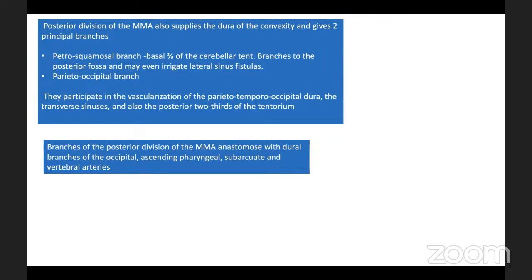One is the petrosquamosal branch, which supplies the basal two-thirds of the cerebral dura, and also branches irrigate the lateral sinus fistulas. And then there is a parieto-occipital branch. This parieto-occipital branch participates in parieto-temporal occipital dura vascularization, transverse sinus, and posterior two-thirds of the tentorium.